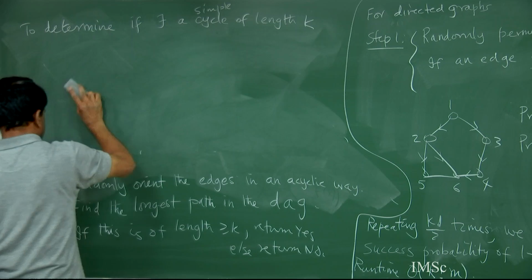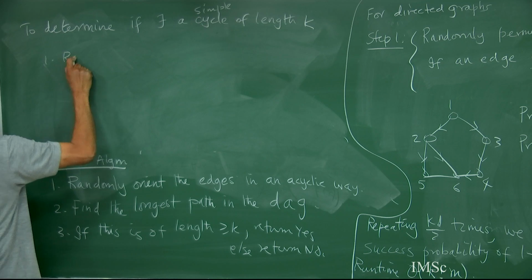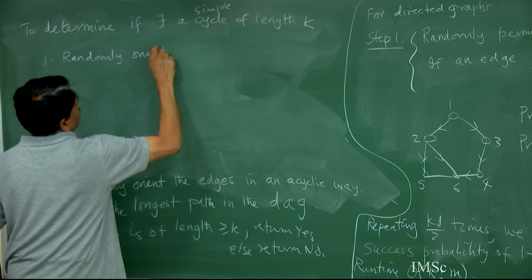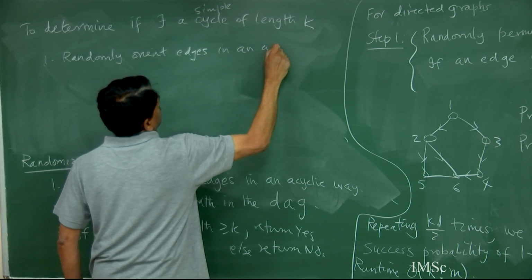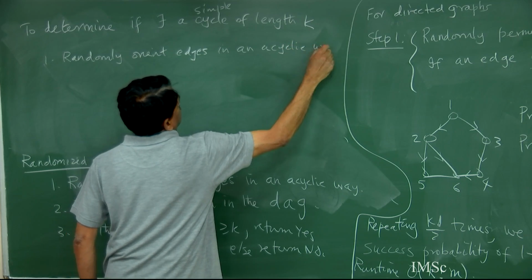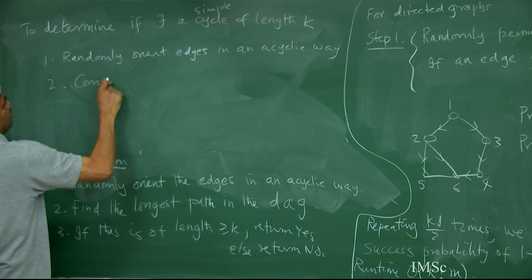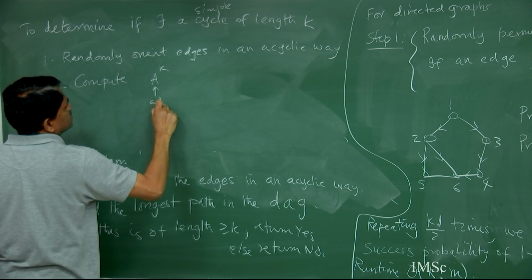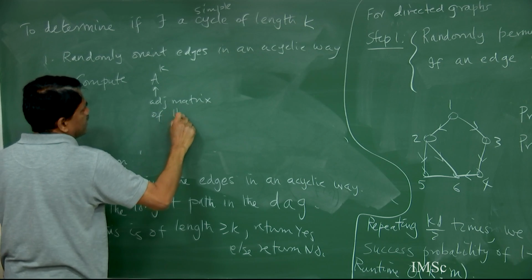So what I'll do is I will randomly orient the edges in an acyclic way. Step 1, randomly orient. Now compute A to the power k, where A is my adjacency matrix of the directed acyclic graph.